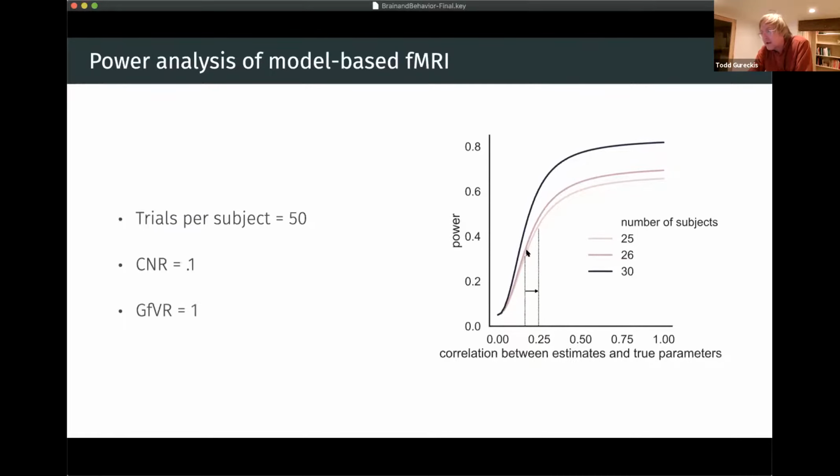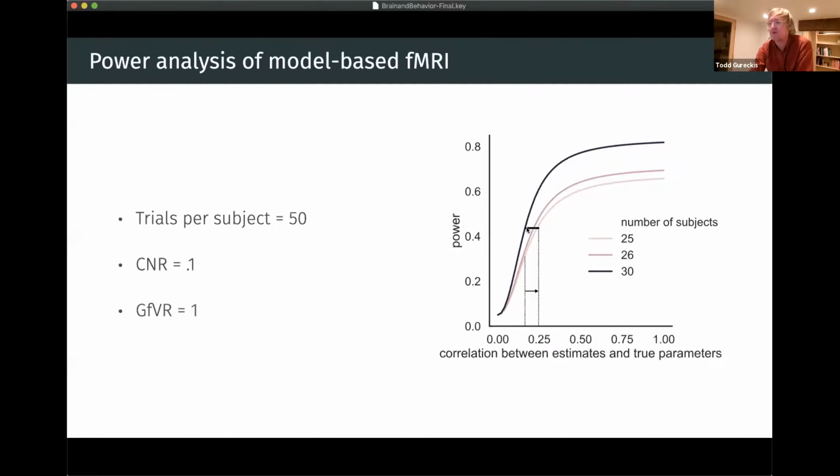Whatever method we use, we're agnostic about how you do this. We're just pointing out that whatever method you use to improve your model, it's going to move you up this curve. And then you can back project from that improvement to the same level of power and do the cost benefit trade-off in those terms. So the question is, how many additional fMRI subjects is it worth improving your correlation between the model parameters and the true parameters by 0.1 or something like that?